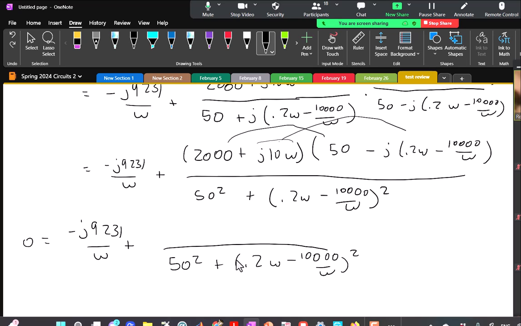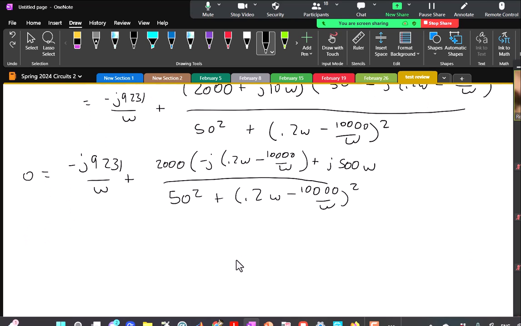And so the parts that I need are the 2000 times the minus j times 0.2 omega minus 10,000 over omega plus the j10 omega times 50, which is j500 omega. Okay, so that is the imaginary part.